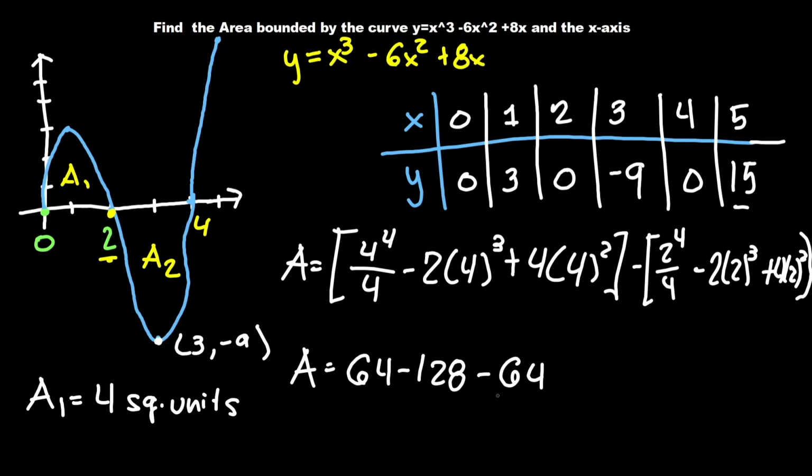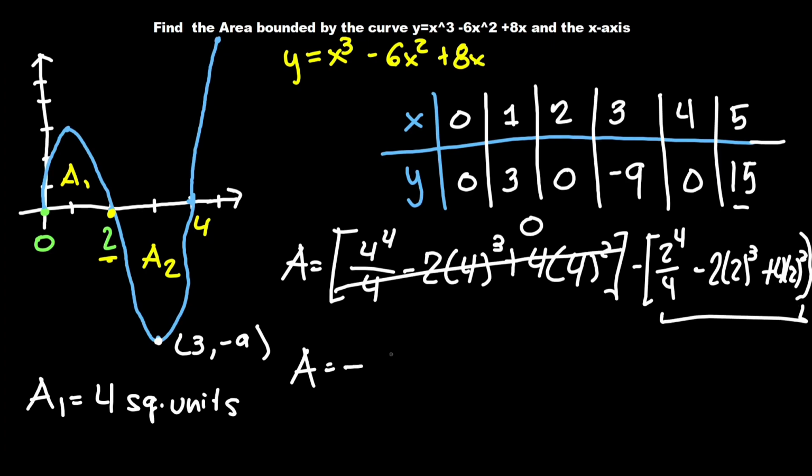So as you can see here, wait, this should be plus. So as you can see here, 64 plus 64 would be equal to 128, and subtract this by 128, you would have an answer of 0. So this would all equal to 0. So what we're left with here is this equation.